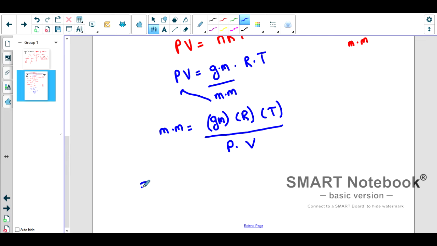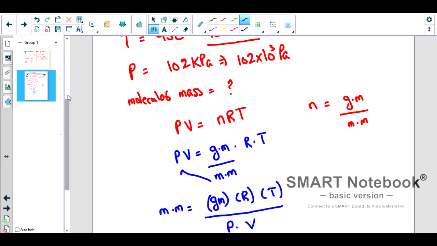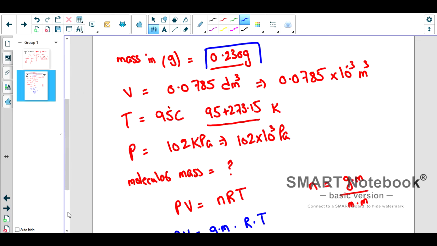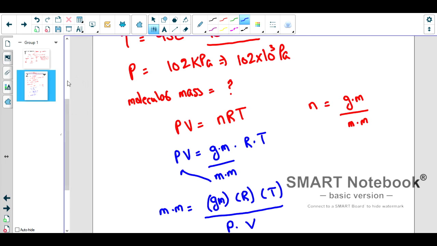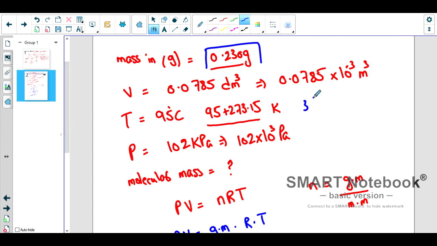So now you just put the values. We have all the values in our desired units. We will just put that and we will get our answer. It was 0.230. The R value is fixed, which is 8.31, right? Then the temperature value, we added it, it will be around, I think, 368.